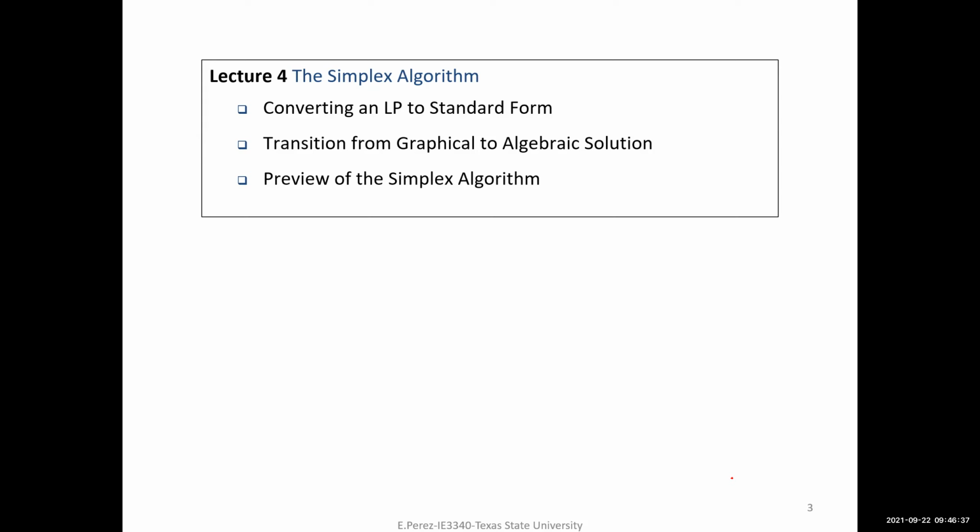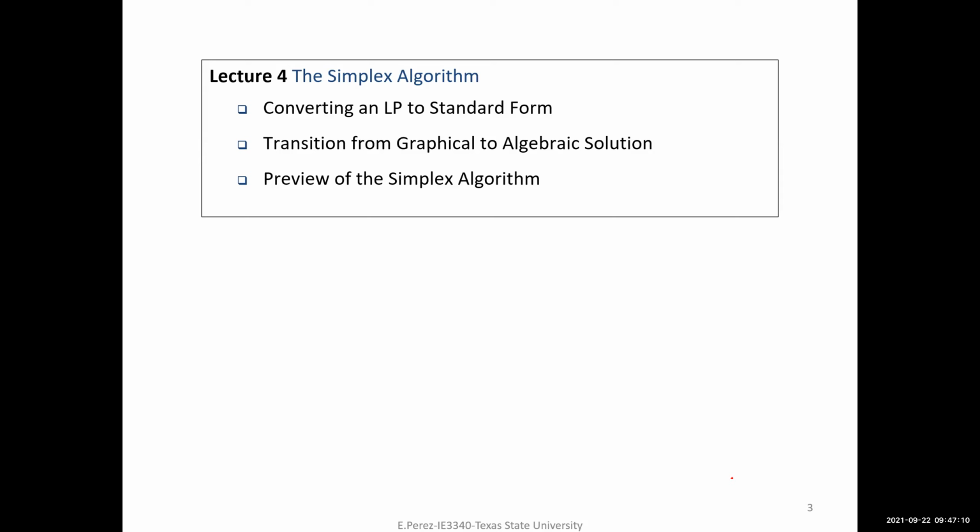So we talk about converting an LP to standard form, and then the transition from graphical to algebraic solution, and the use of basic and non-basic variables, identifying how many basic and non-basic variables based on the number of decision variables and constraints. So N is the number of decision variables, M is the number of constraints. So we look at the difference, N minus M. That difference is going to tell you how many basic variables you will have in your problem.